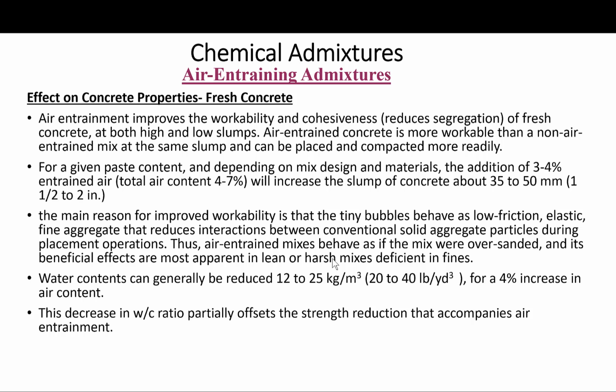This partially offsets the strength reduction, because as we will see, the air-entrainment will reduce the strength. So this partially offsets the strength reduction that accompanies air-entrainment, as we will see in the discussion that follows, as I said.